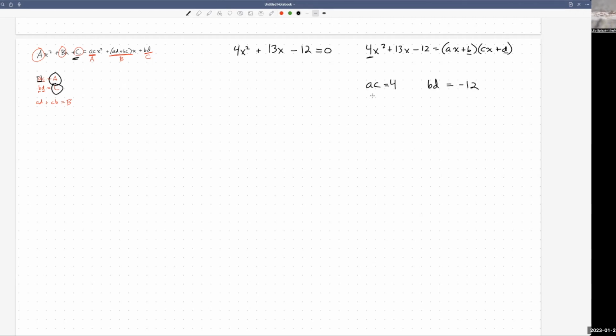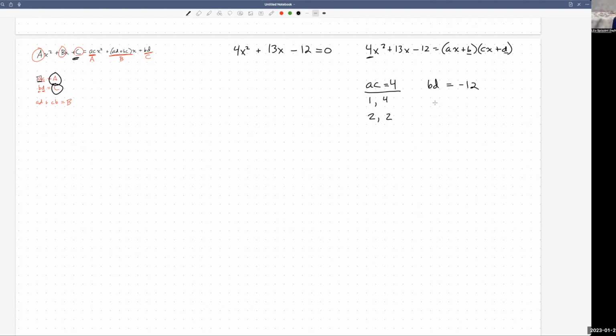Okay. So let's write down our possibilities for a and c. A and c could be 1 and 4, and they could be 2 and 2. We could have both be negative in each case, but again, that's possible, but needlessly complicated. So we're going to just assume that they're all positive.